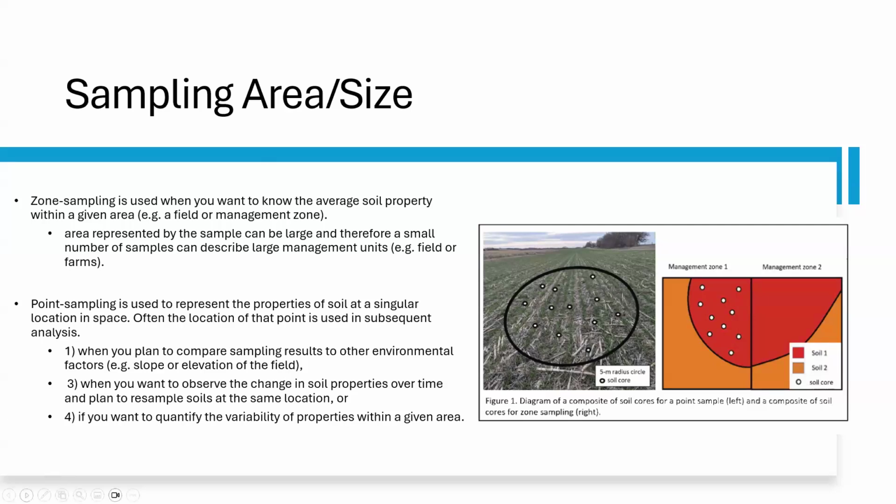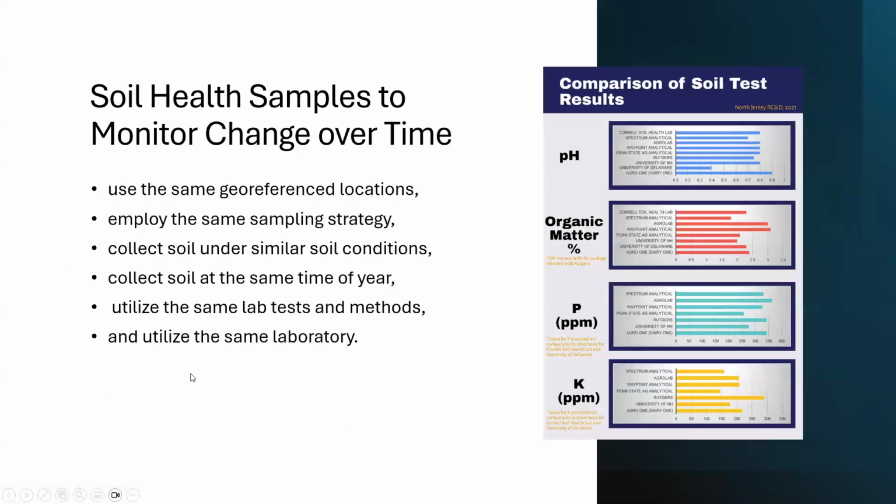All right, let's see if I can get to the next slide here. All right. So many of us do want to measure soil health over time, right? So maybe you have a field that you're experimenting in and you want a baseline sample, and then you want to go back and measure to see if what you're doing is making a difference.